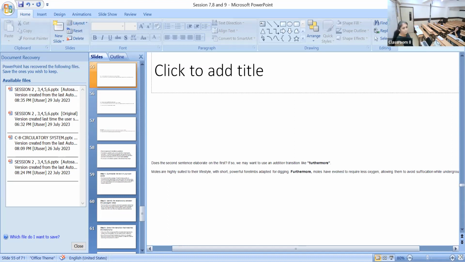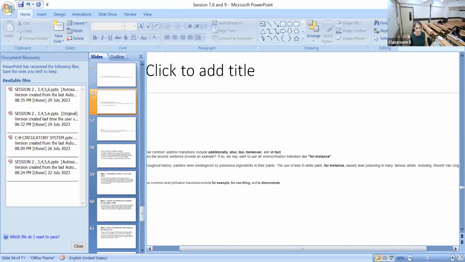It's nothing new to you. So write down the heading addition transition, and put down an example, furthermore. I don't think you need the explanation; you know the second sentence elaborates on the first. That's known as an addition transition.